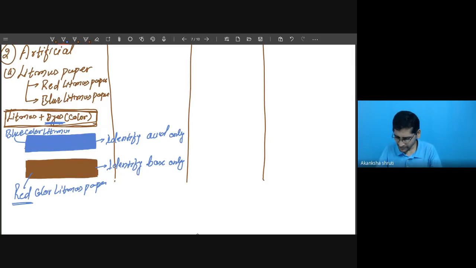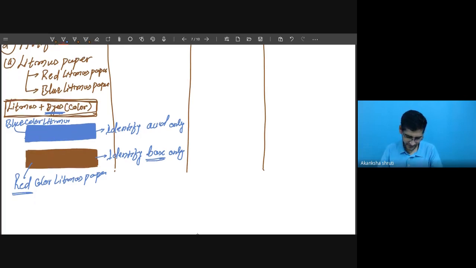Why? Because this red color changes to blue in base but not in acid. So that's why it is able to identify base only. And this blue color can identify acid because blue color changes to red.